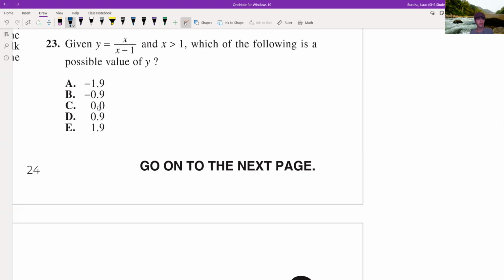Okay, now, given this thing, and that x is greater than 1, what is a possible value of y? All right, so this one's a little bit tricky. Basically what you have to do is plug in these values for y, and once you do that, solve for x and see if x is greater than 1.